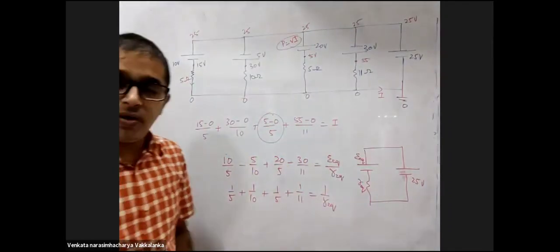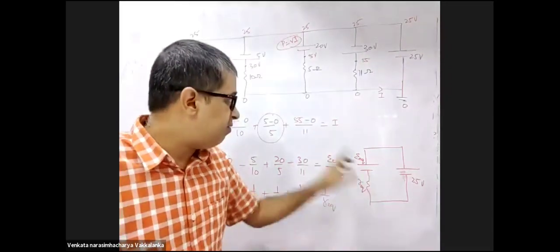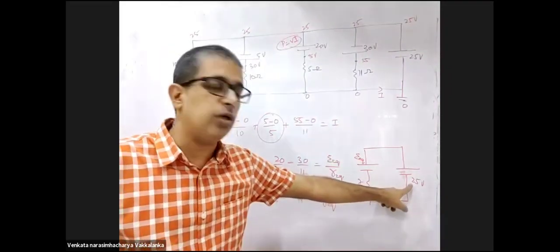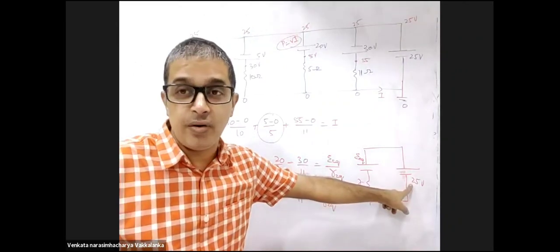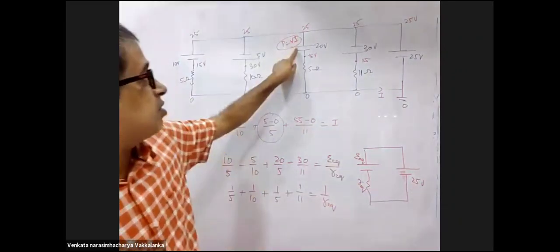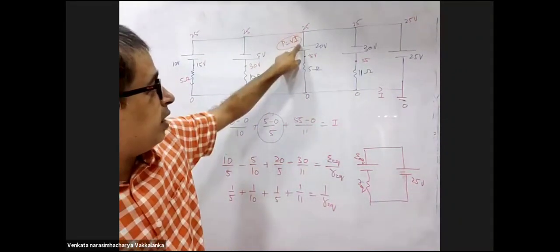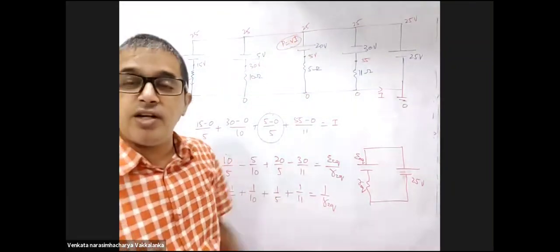But this procedure will be convenient for you if he is asking only for the current through the 25 volts battery. When he is asking you the power through this, finding out current in this branch becomes essential.